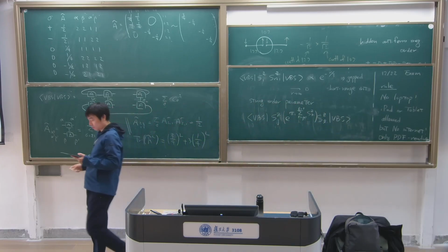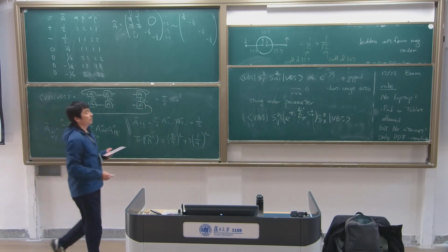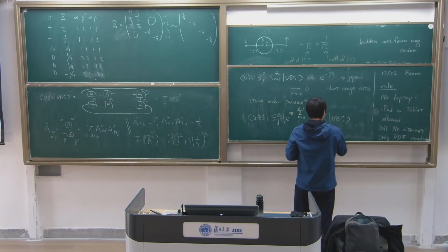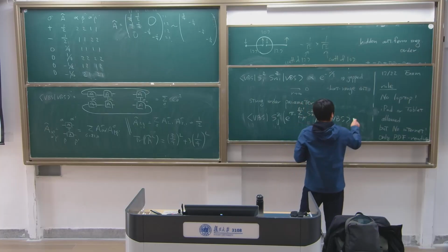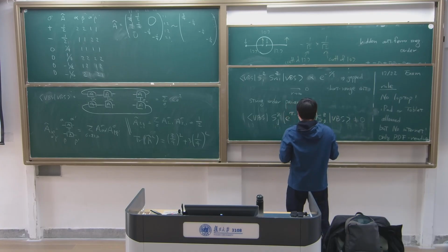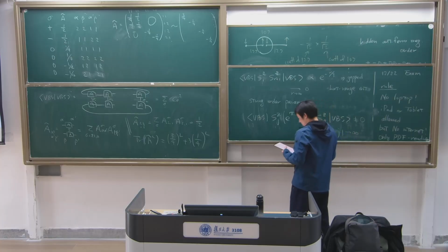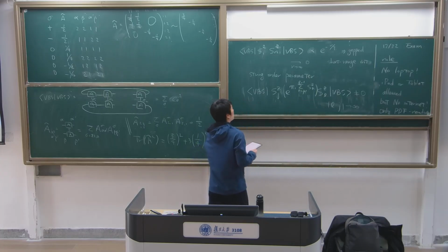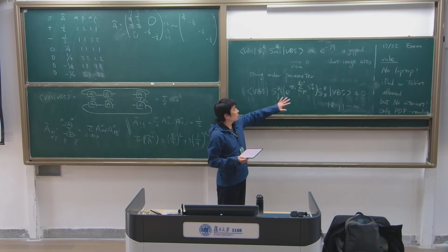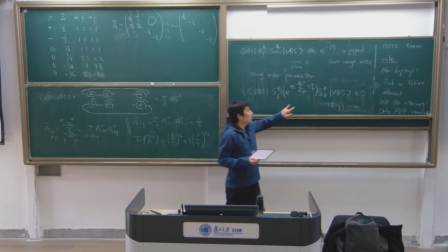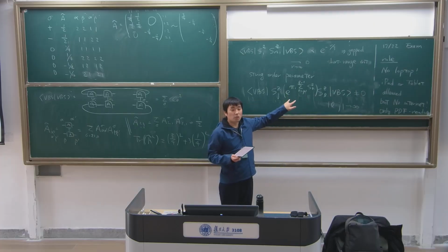So that's what we want. And so this is the string order parameter, and as we will see, this will become non-zero when j goes to infinity. That's what we want. So this is non-zero, so the string order parameter means that this is a highly non-local quantity. It appears in the middle.